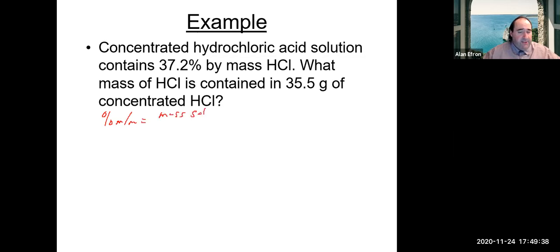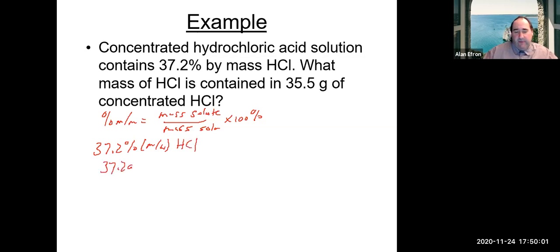You can plug and chug into this equation, or again, you can use the percentage as a conversion factor. So if we have something that is 37.2% by mass HCl, what that would mean is you would have 37.2 grams of HCl in 100 grams of solution, just assuming 100 so all the numbers stay the same. Or you could use it the opposite way: in 100 grams of solution you would have 37.2 grams of HCl.